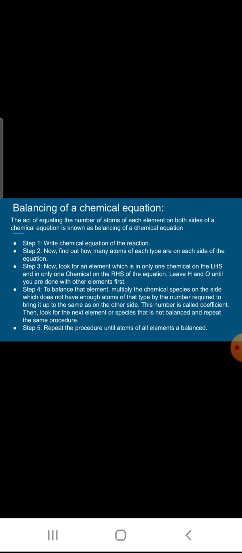This number which we are placing is called the coefficient. Now we need to look for the next element or species that is not balanced and repeat the same.